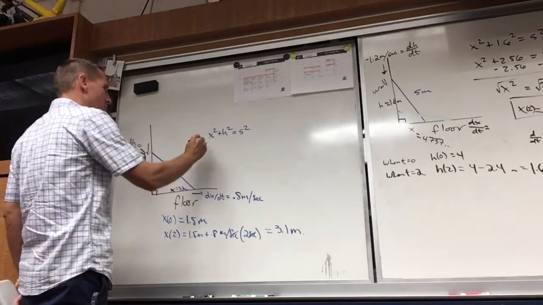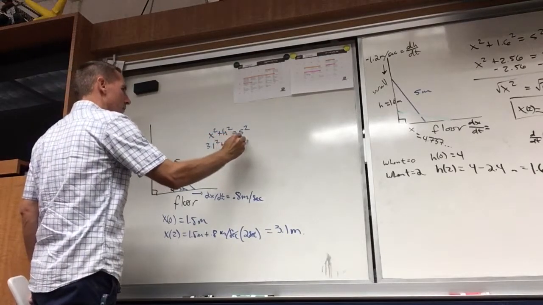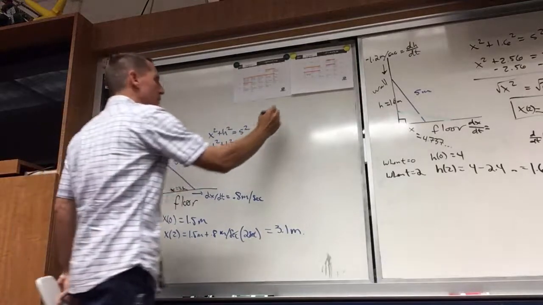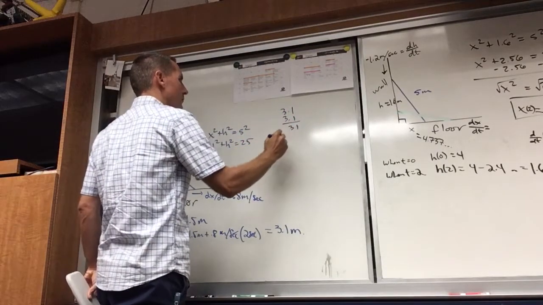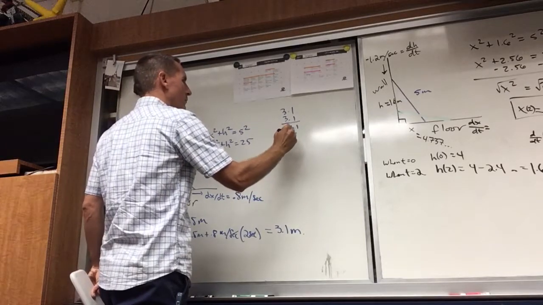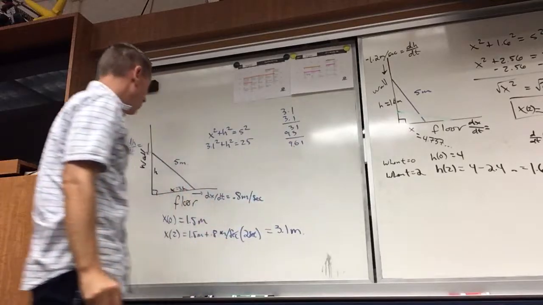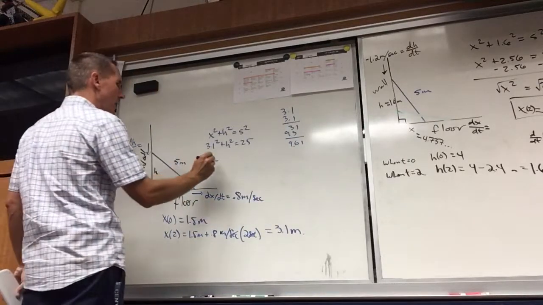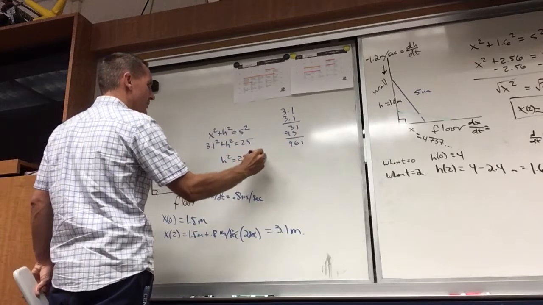I know that x is 3.1, so 3.1 squared is 9.61. So h squared is equal to 25 minus 9.61.